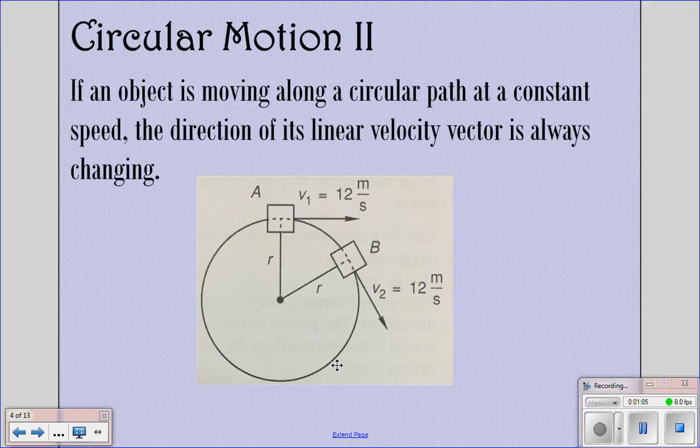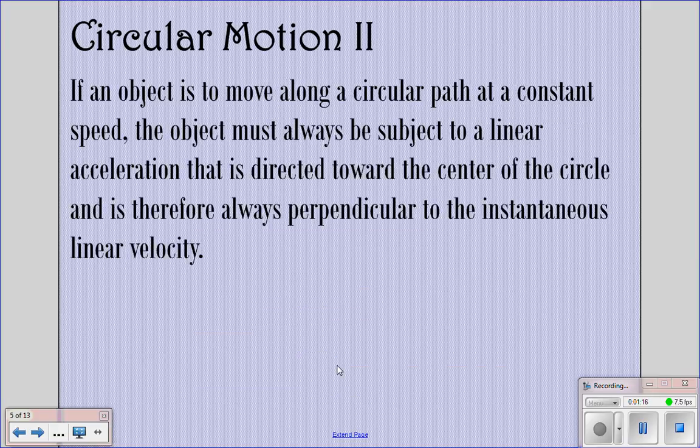A change in magnitude or direction of your velocity is called acceleration. If an object moves along a circular path at a constant speed, it is always subject to a linear acceleration directed toward the center of the circle, and it's always perpendicular to the instantaneous linear velocity.